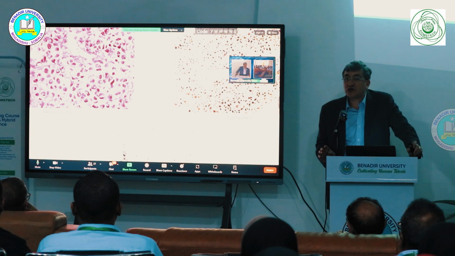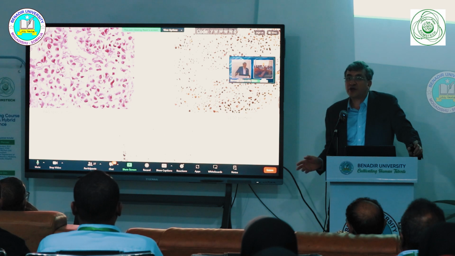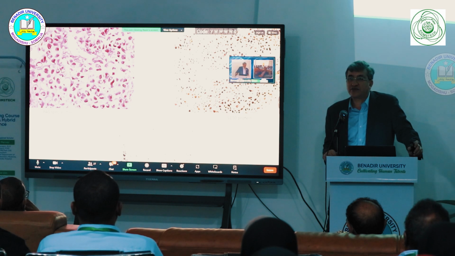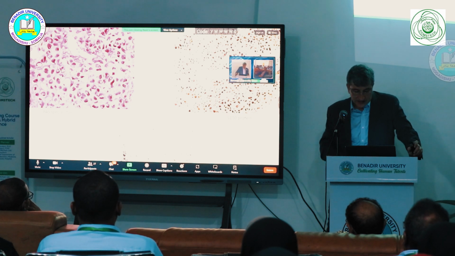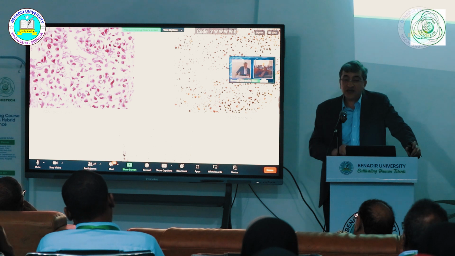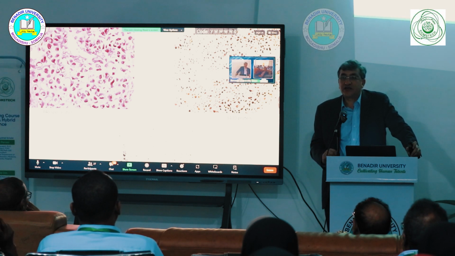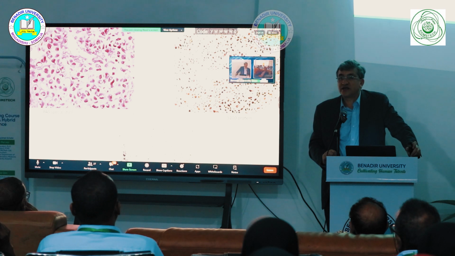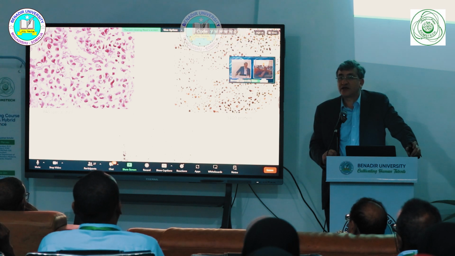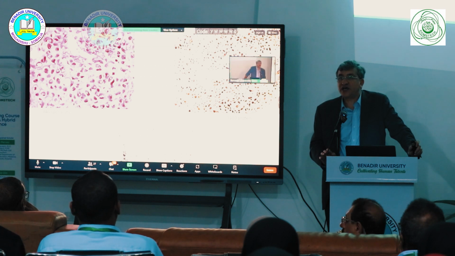So S100 immunohistochemical stain stains cartilage as well. It is a neural marker as well, but it stains cartilage as well. SATB2 is a marker of osteoblastic differentiation. It was negative here. So what are your differentials? Any guess? Chondroid. So benign or malignant?